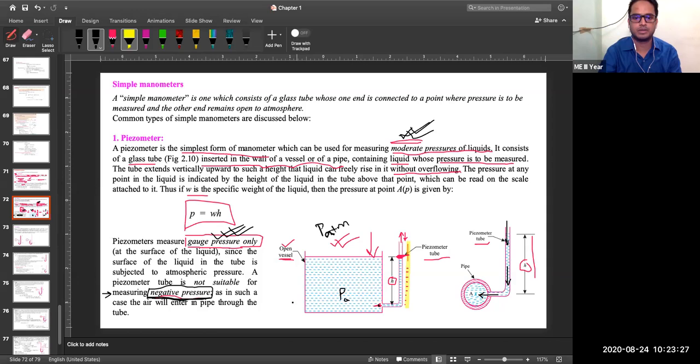Write down the definition of this simple manometer, draw this diagram, and write down the 3 disadvantages of this piezometer.